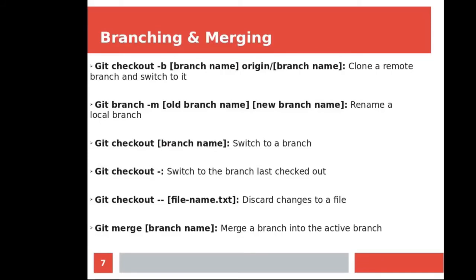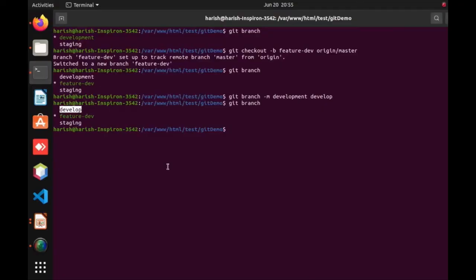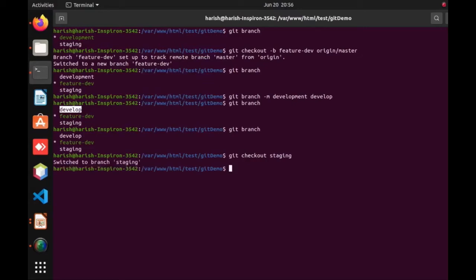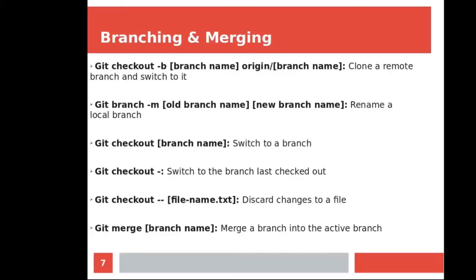The next command is git checkout branch name. This is just for switching a branch. For now you can see I am on feature dev. If I use git checkout and I would like to check out the staging branch, so git checkout staging, you can see your active branch will be staging.